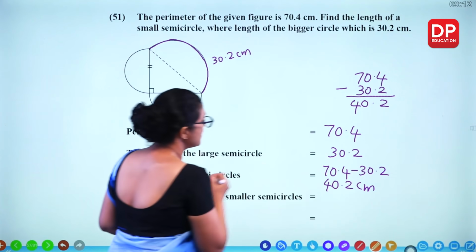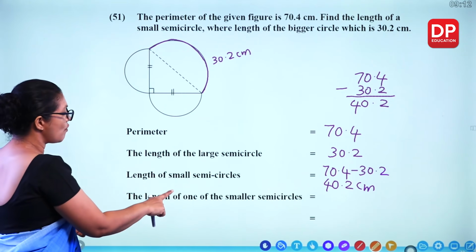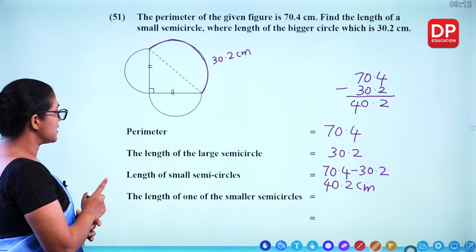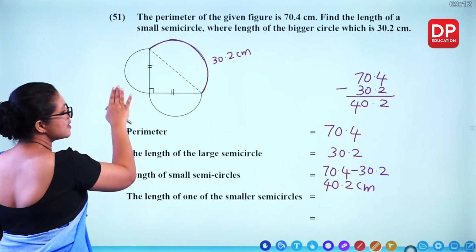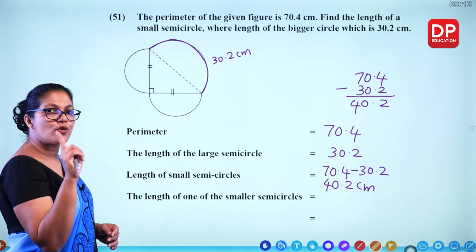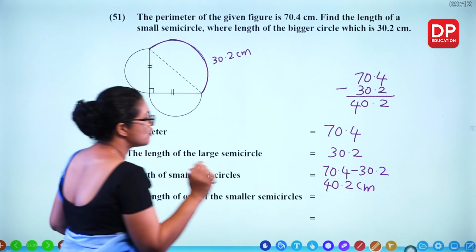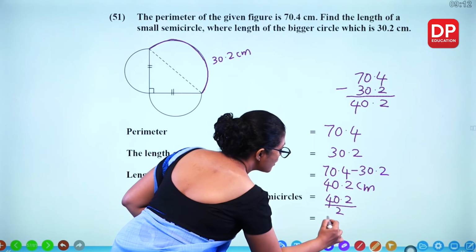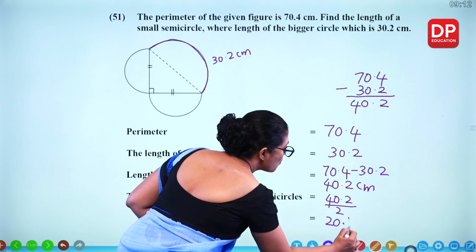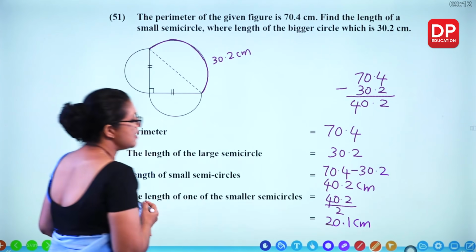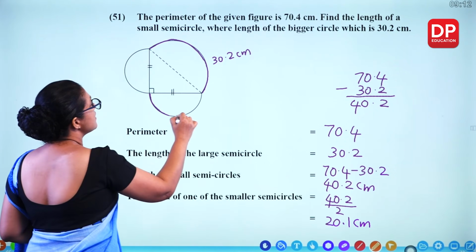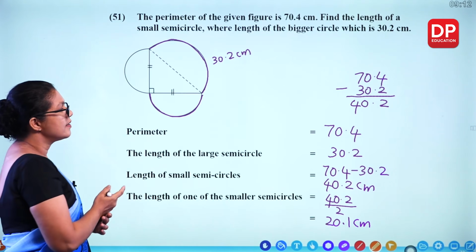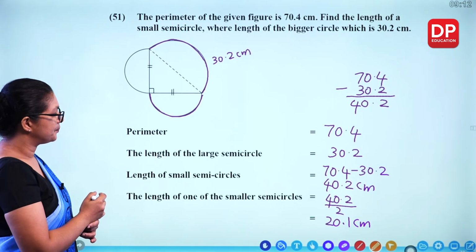This is in centimeters. Now the length of one of the smallest semicircle. So these two semicircles is this much. So what about one semicircle? You have to divide this by 2. You get 20.1 centimeters is the length of one semicircle.